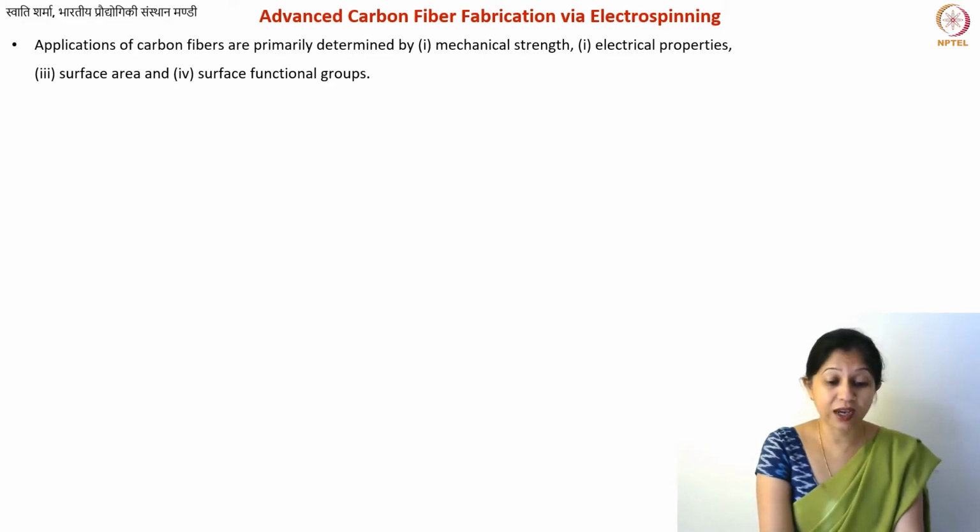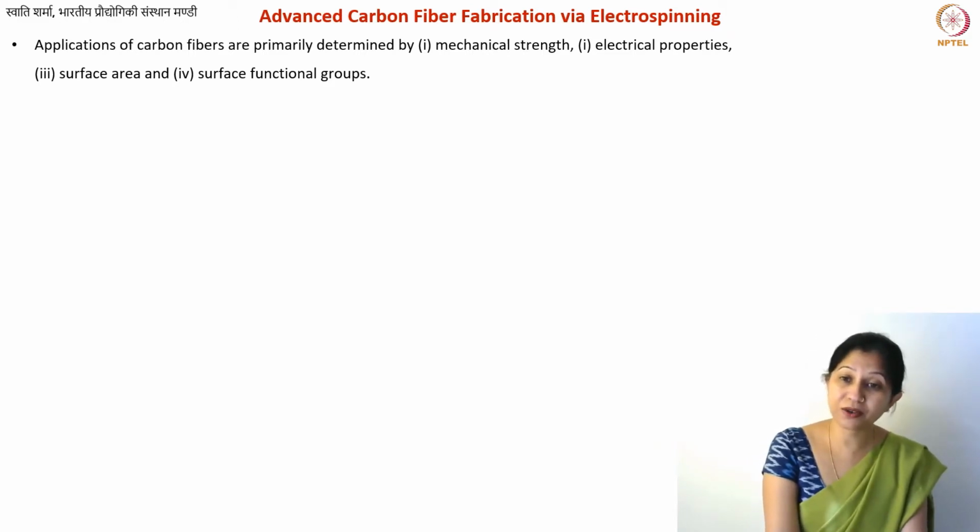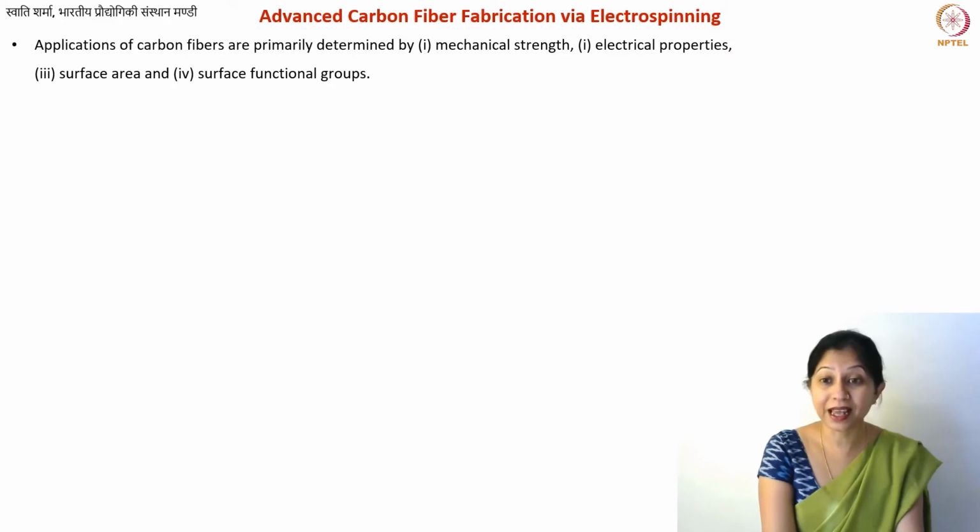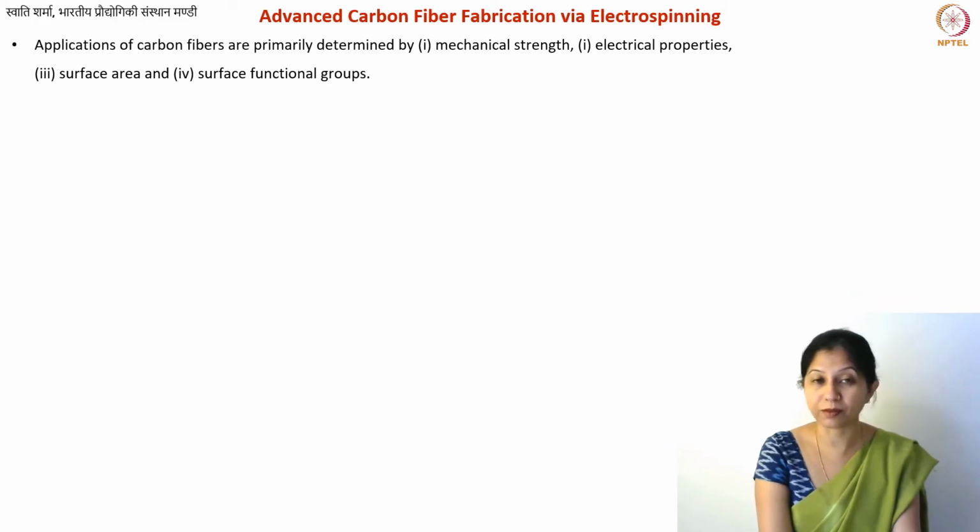In fact, we induce porosity and increase the surface area because that also increases the adsorbance of these kinds of carbons. Now, fibers already exhibit a very high surface to volume ratio. If you further induce porosity, then you can have an even higher surface to volume ratio. And this is also one property that can be used when it comes to carbon fibers.